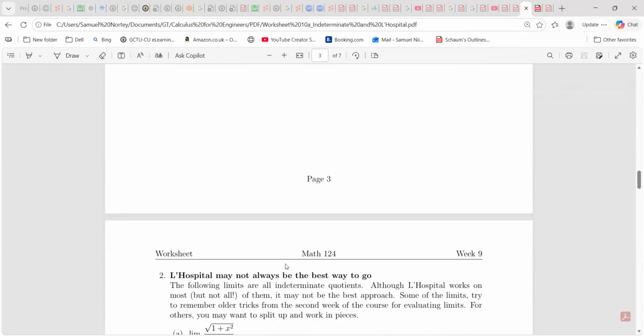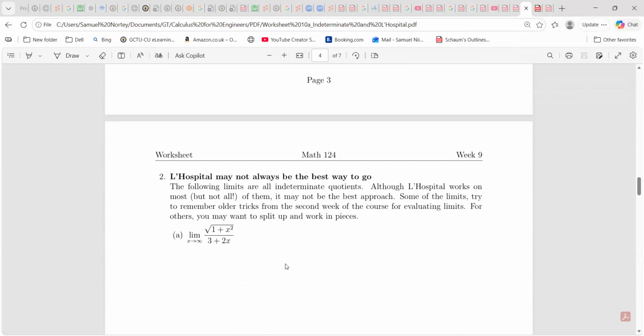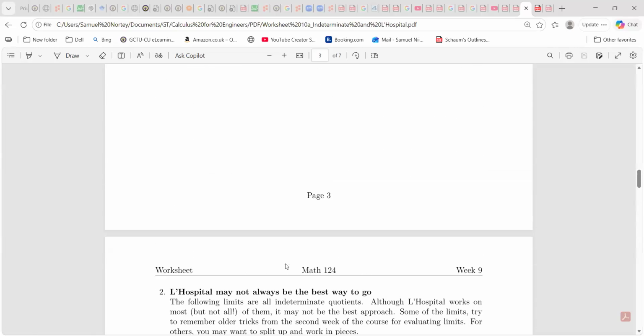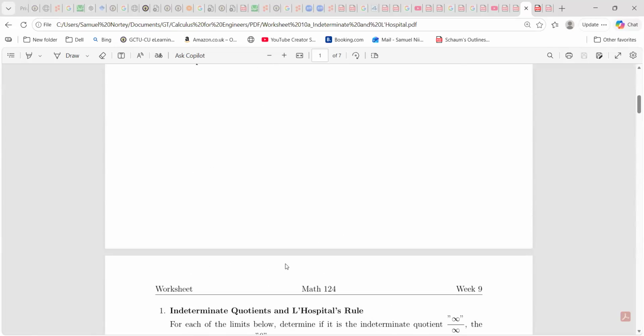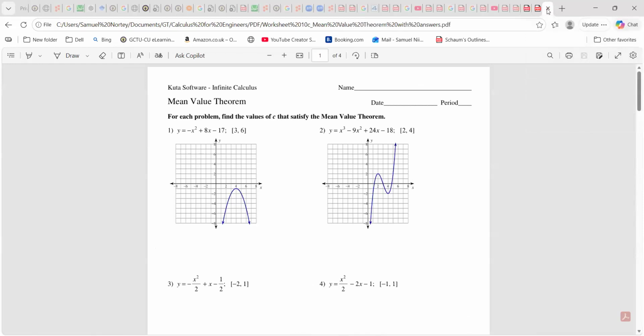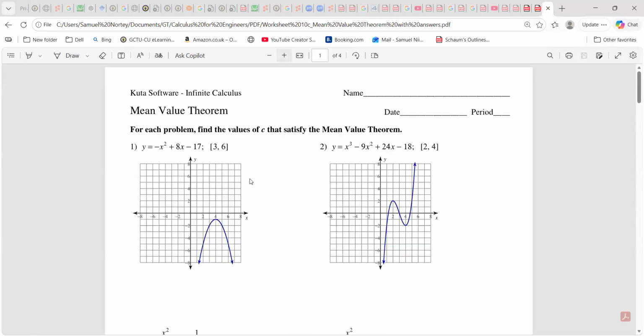So this will take care of L'Hopital's rule. And then the last one, I think, is the mean value theorem. And for that, you have the solutions at the bottom. So please look at the graphs that have been given, and it's been plotted to show that, number one, the functions are continuous and they are differentiable.